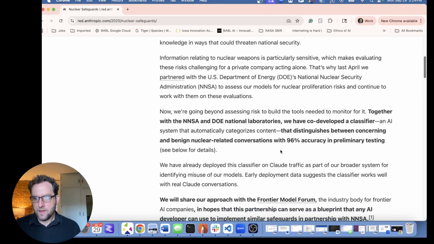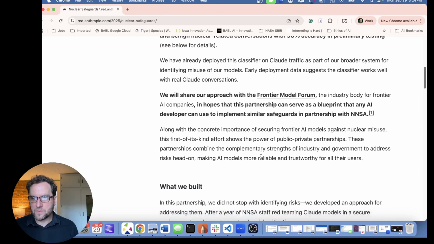So what they were basically trying to do is co-develop a classifier, another AI system that's going to automatically categorize content. And what they're trying to distinguish between is what they call harmful or concerning content or queries versus benign nuclear related conversations. So that's what they worked on.